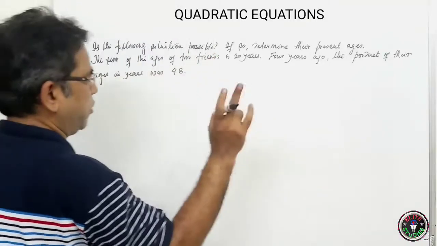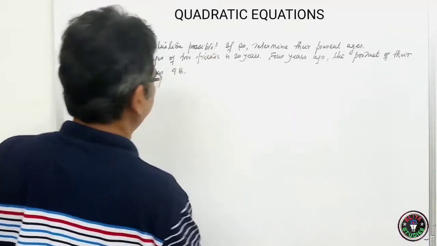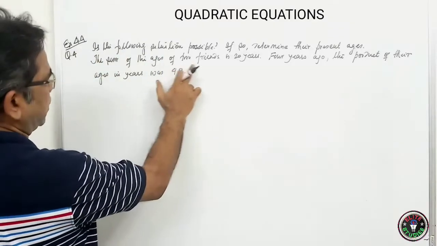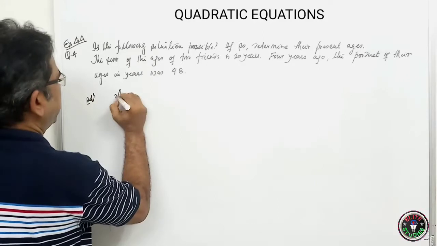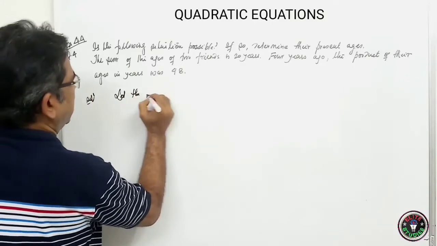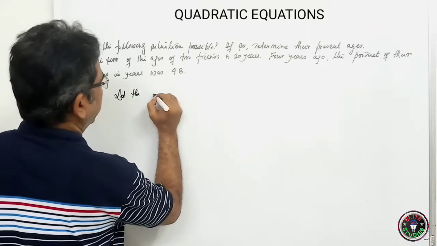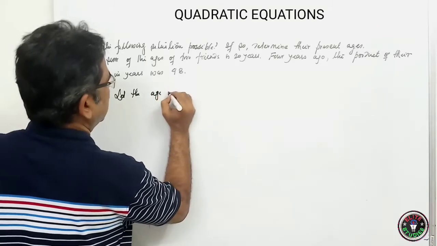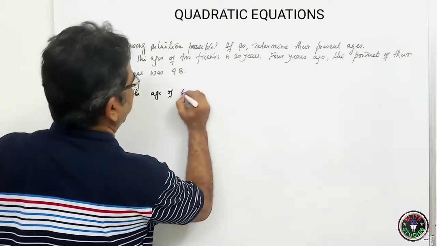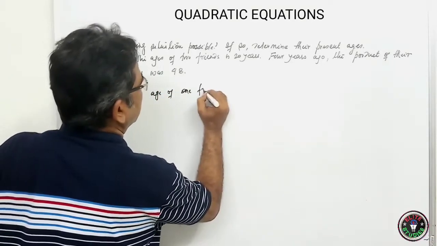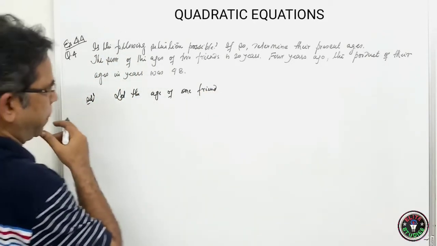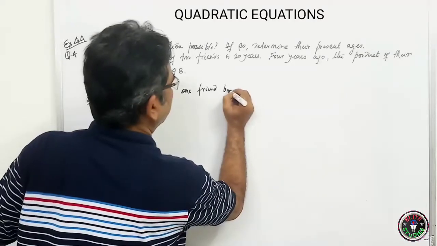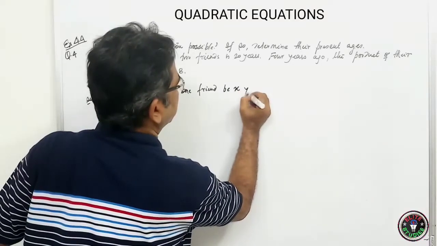Let us see. First of all, we have to frame the equation. Now the sum of the ages of two friends. Solution: let the age of one friend be X years.